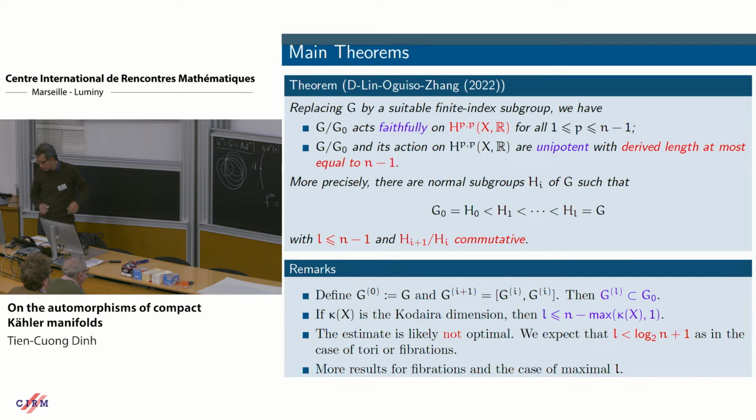We have more results for fibrations or the case of maximal L, but I'm not going to talk about this here. So you can ask how to get something like log base 2 of n plus 1.